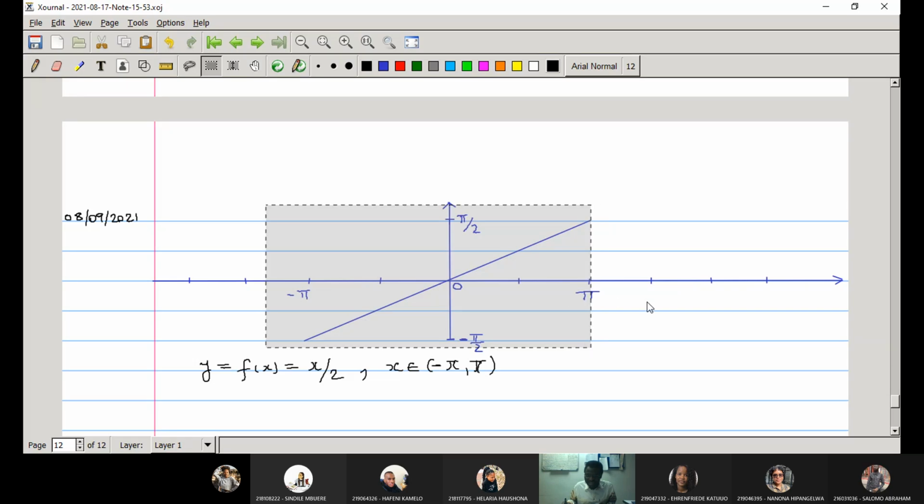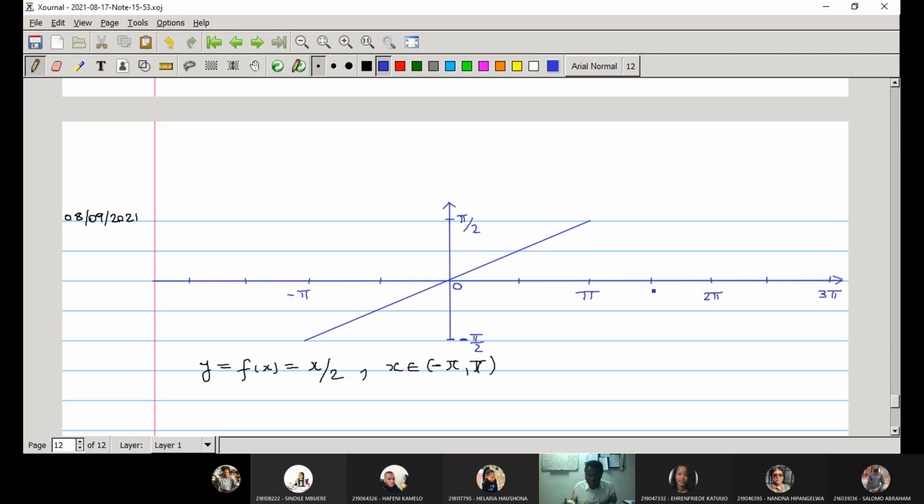For the next interval, that will be from pi to 2 pi, right? Okay, let me put 2 pi first, if you don't have any problem with that. So that next thing, this will be 2 pi. 2 pi will be here. And then the next time, 3 pi will be somewhere here.